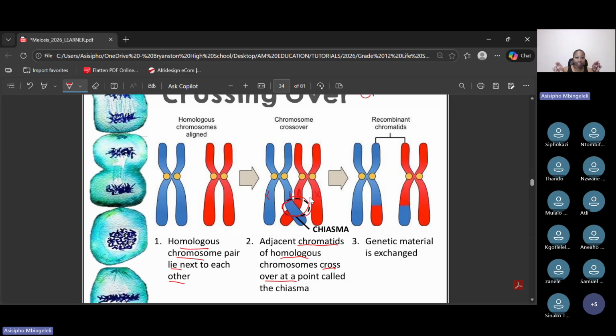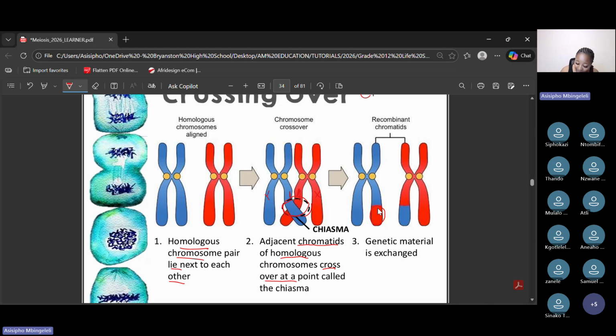So the first thing, they lie next to each other, and then adjacent chromatids cross over. When the adjacent chromatids cross over, they are exchanging the genetic material. So at that point, material that was in maybe the red one in this case is now found in the blue chromosome, meaning maybe we can say red from the mother, blue from the father.